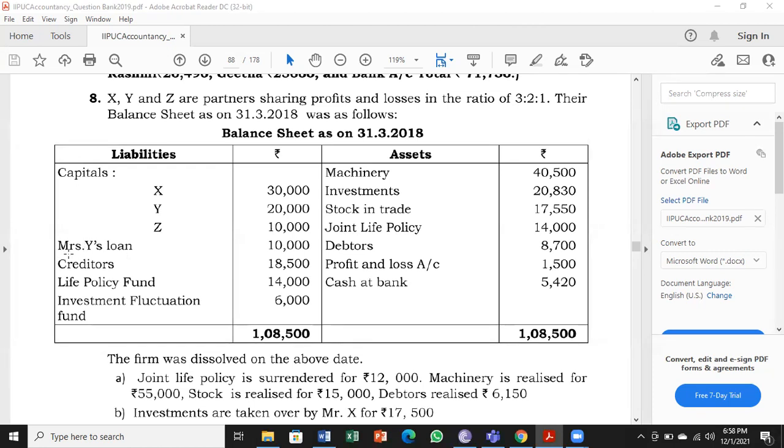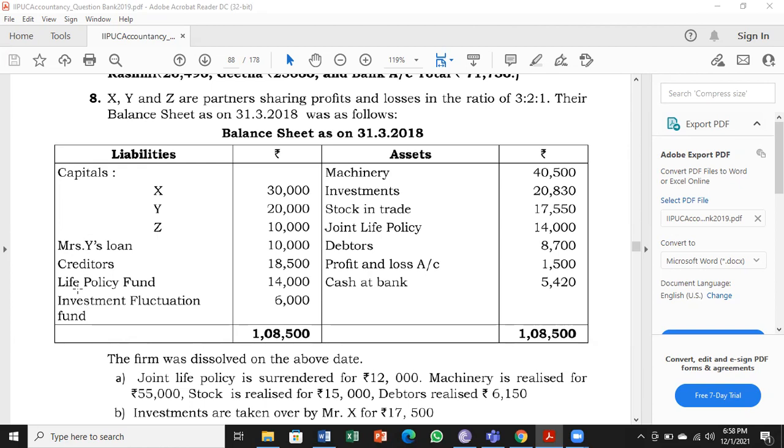No, you have to see Mr. or Mrs. You have to be careful. Here the assumption is Y is a male. So Mrs. Y's loan, that is the wife of Y, is an outsider's money that will come on the realization credit side. Even creditors will come to the credit side of the realization account.